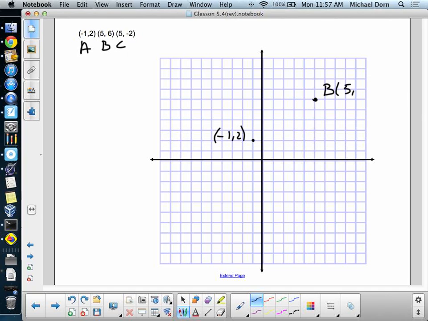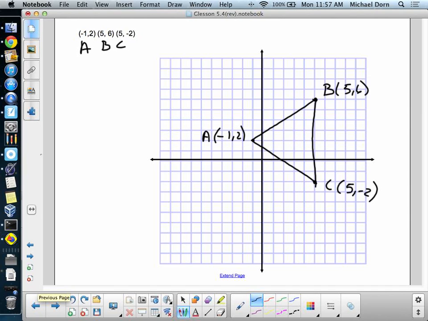There's B at 5, 6. And C is at 5, -2. And I can very easily draw in the sides of my triangle. And there's my triangle. Oh, hooray.